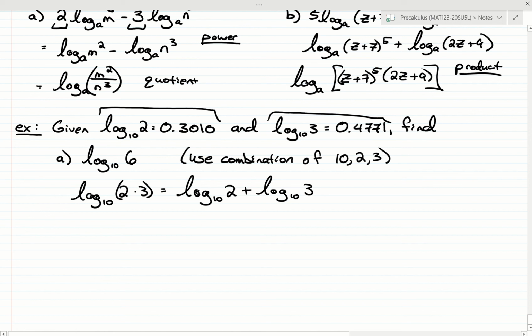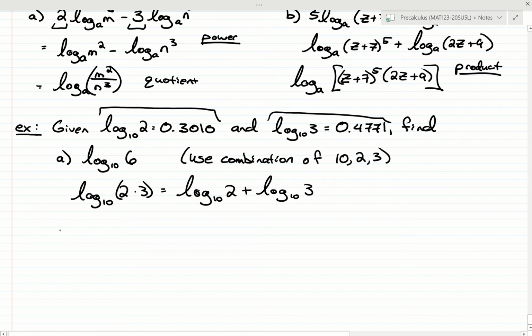Log base 10 of 3 is just 0.4771. So if we just add those two together, 0.3010 plus 0.4771, that comes out to 0.7781. That's how we do a problem like this.